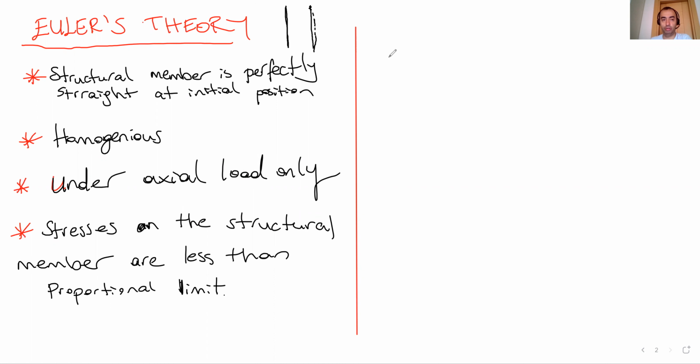Remember, if you recall the stress strain diagram of the steel, it is like this. The stress behavior is linear till this proportional limit, sigma proportional. So what this assumption says is, the stress is less than proportional limit. Stress is in this region.